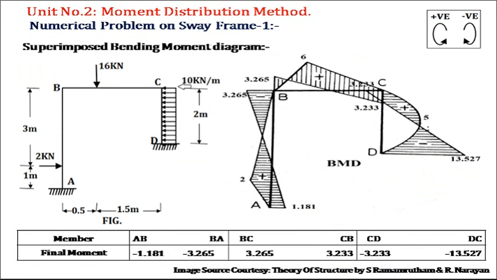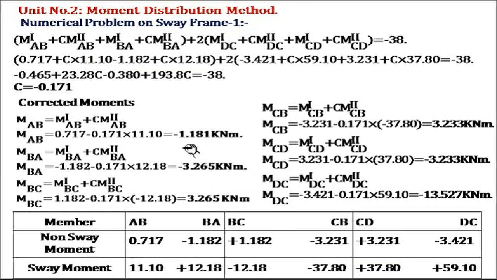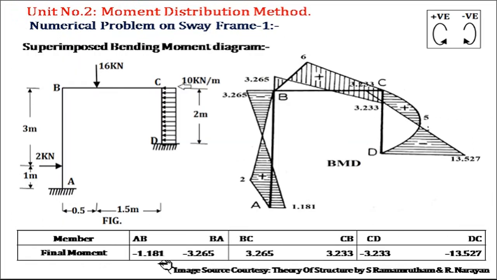Now the next and last step is to draw the superimposed bending moment. Here we have already found the moment in member AB is minus 1.181. The same values are written here: moment in member AB, BA, BC, CB, CD and DC.